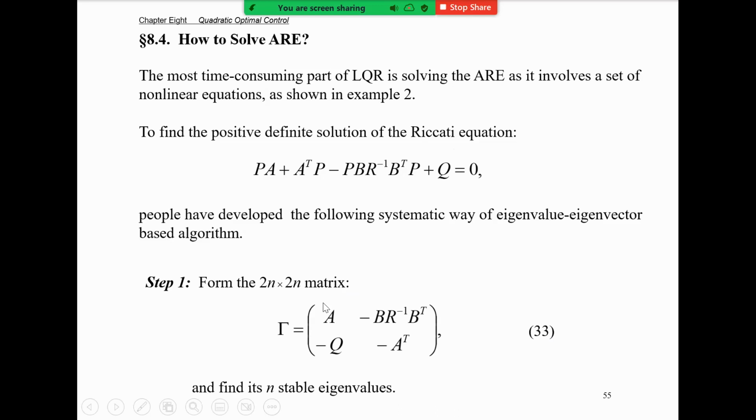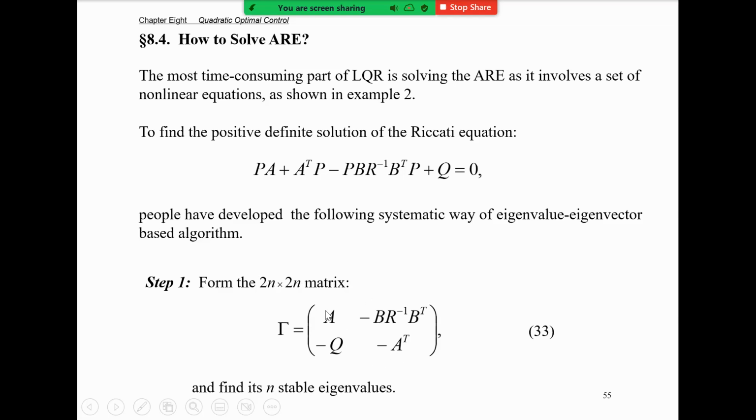Okay, so the original system is nth order. We know that the dimension of the state vector is n. To solve this problem, we have to form a much bigger matrix. The original matrix A is n by n, but we have to form a matrix gamma with a dimension of 2n by 2n.